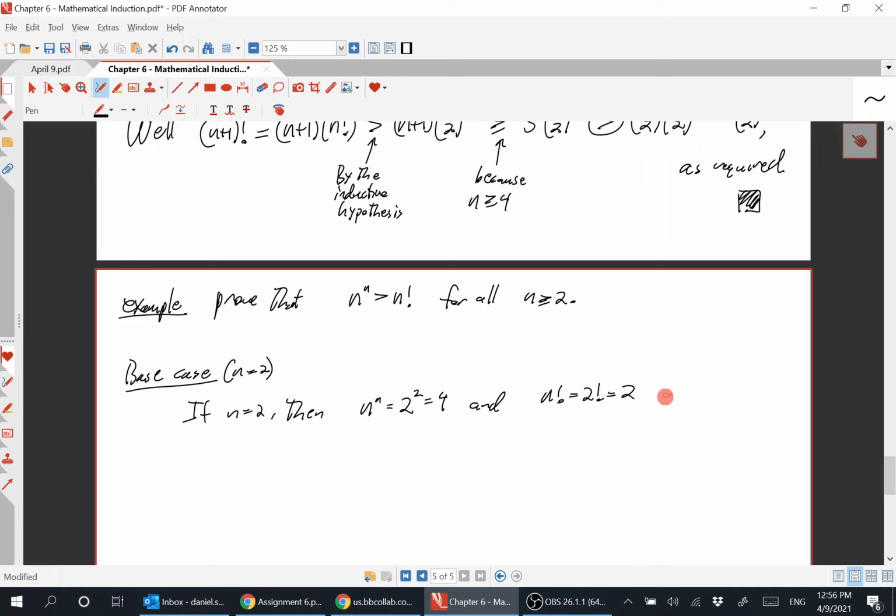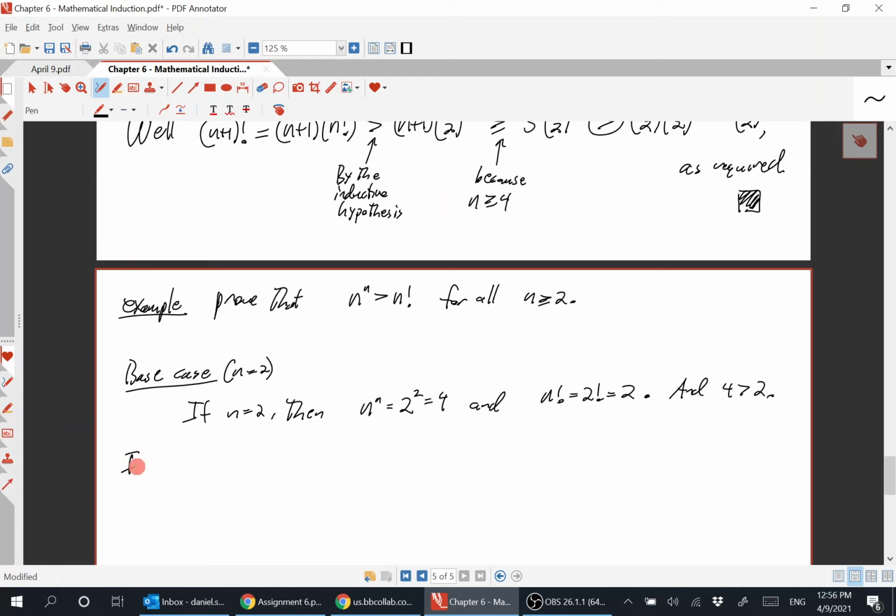And 4 is bigger than 2. Period. So n to the n is bigger than n factorial for n equal to 2.